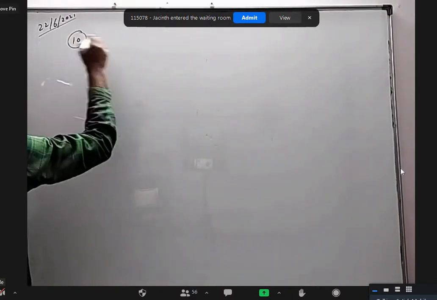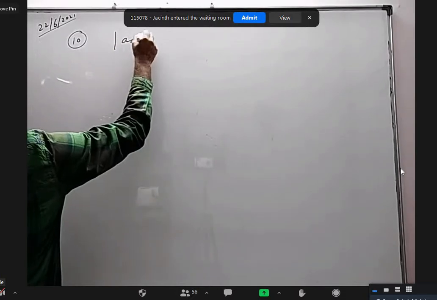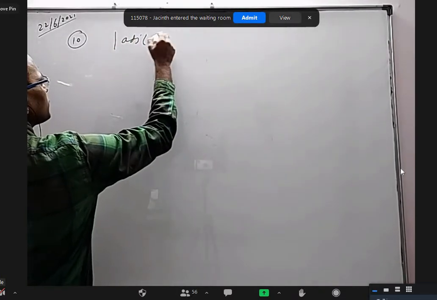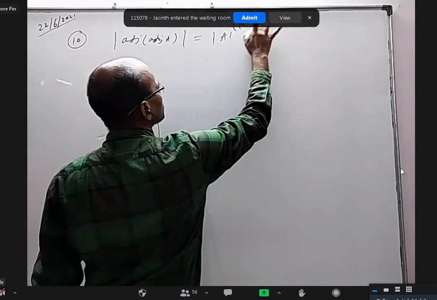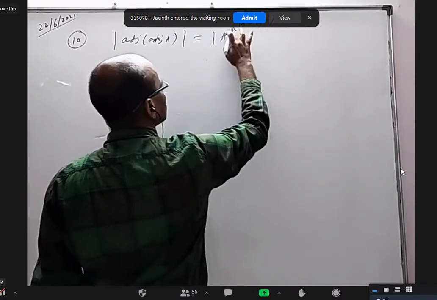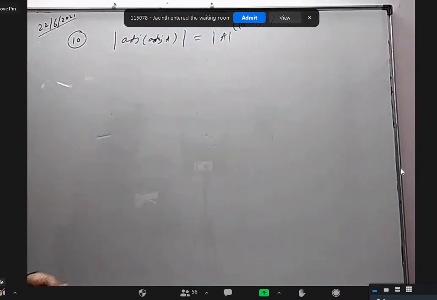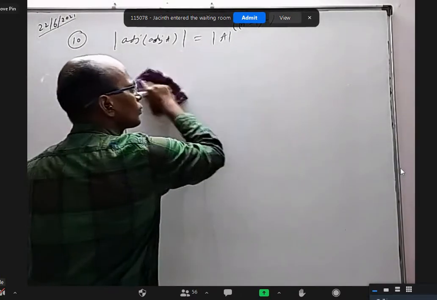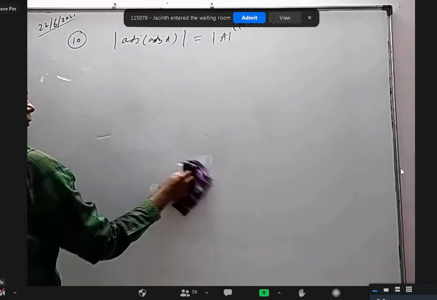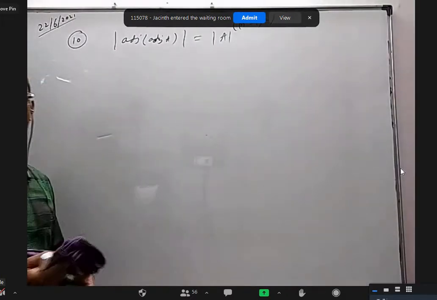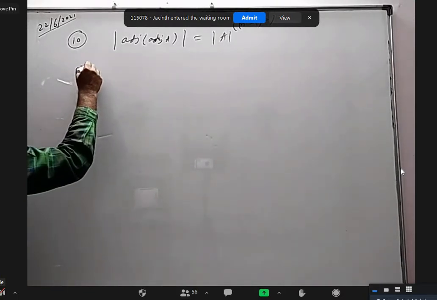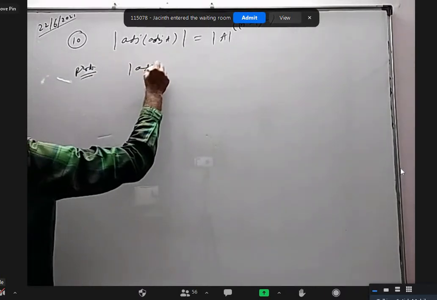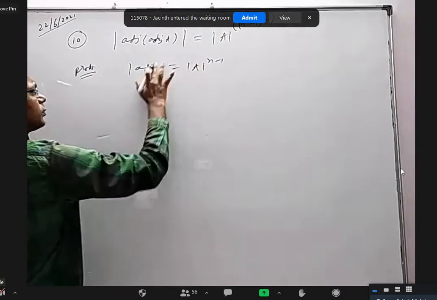Okay, 10th point. Det of adjoint A is det A power n minus 1 whole square. We can prove it very easily, because we already know det of adjoint A is det A power n minus 1.